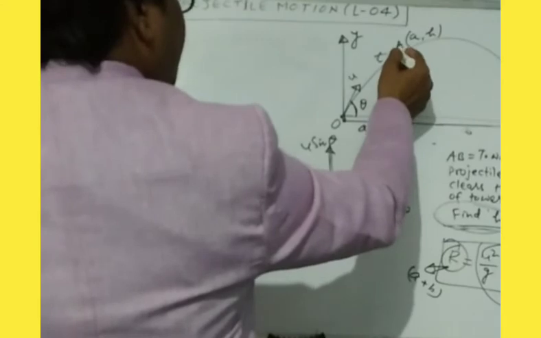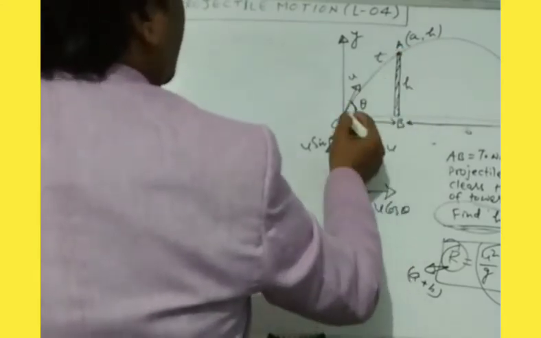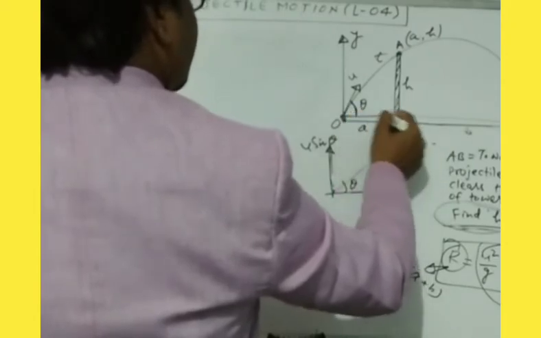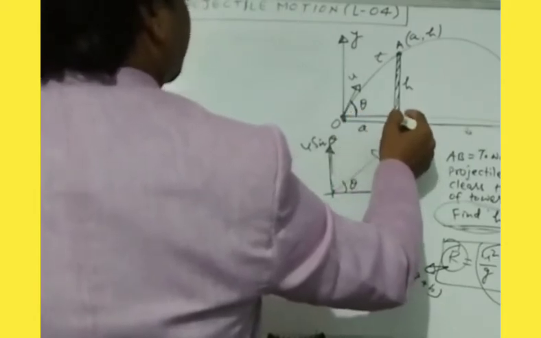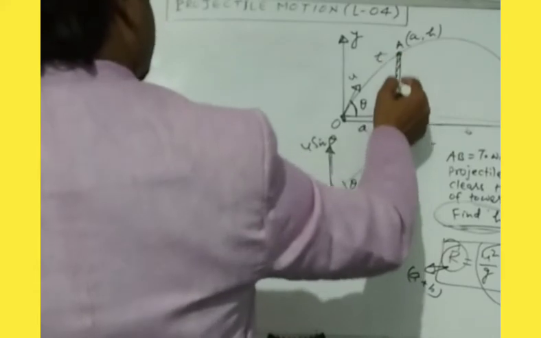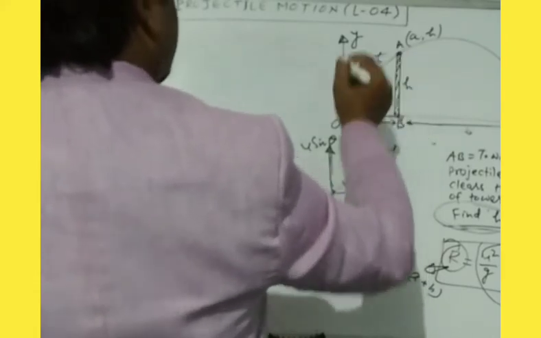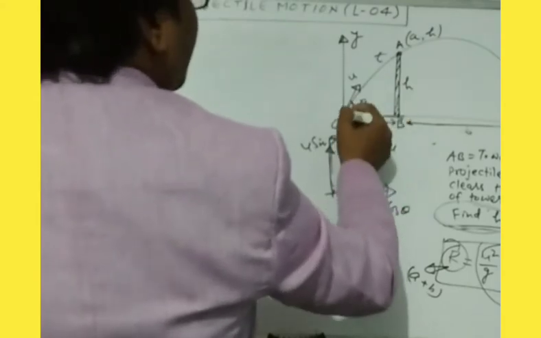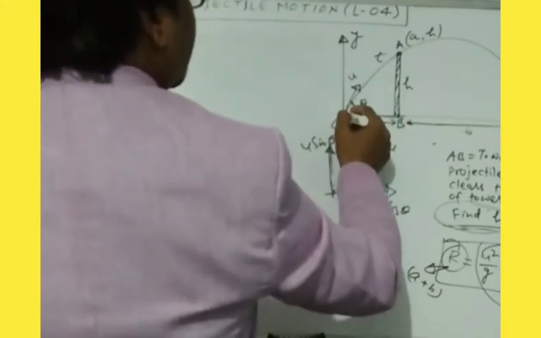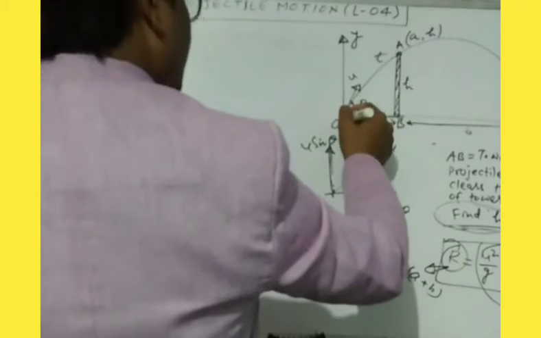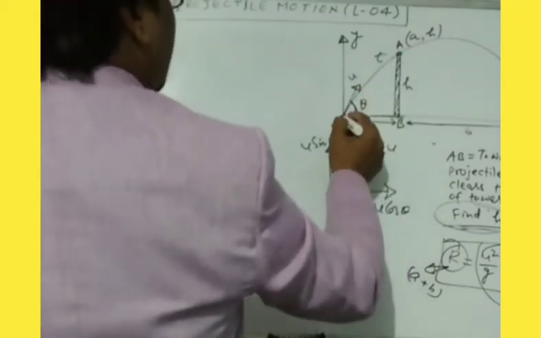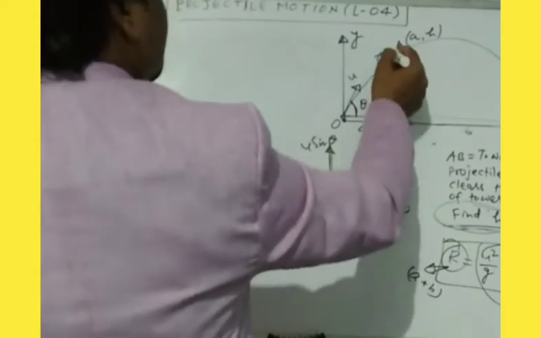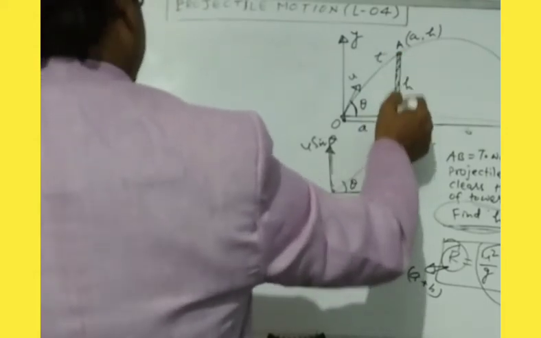So in this time t seconds, the projectile has traveled a distance a along the x-axis and h along the y-axis.